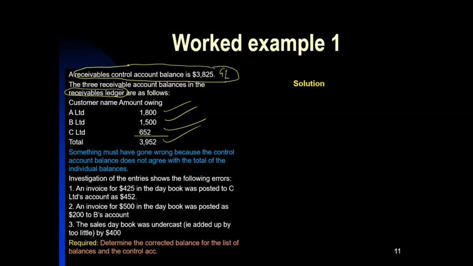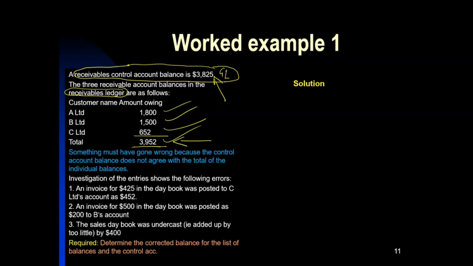Something must have gone wrong because the control account balance does not agree with the total of the individual balances. You can see that they are not agreeing. The GL is talking about this figure, but the receivables ledger is talking about this figure.